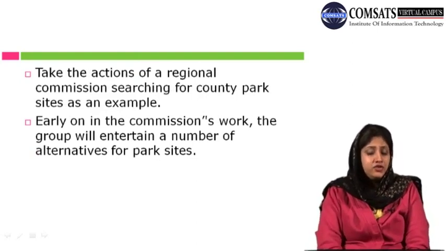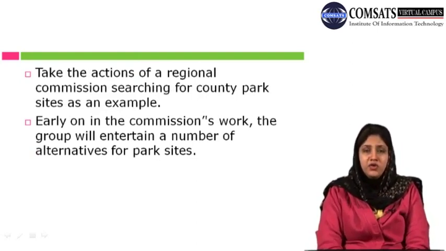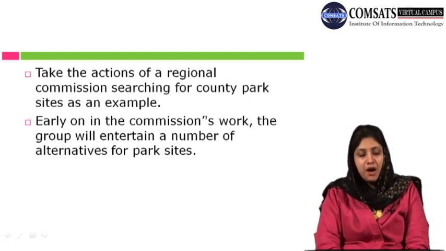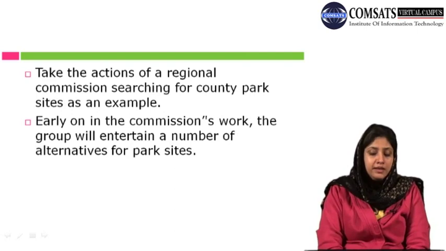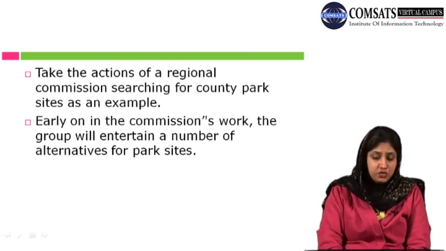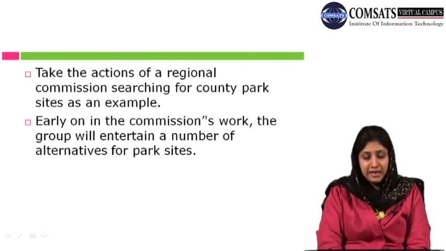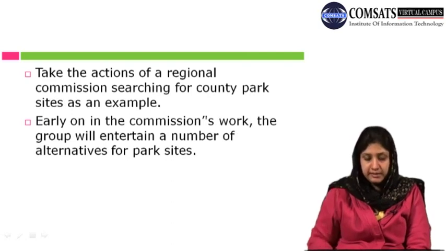Now, take the actions of a regional commission searching for country park sites as an example. Early on in the commission's work, the group will entertain a number of alternatives for park sites.